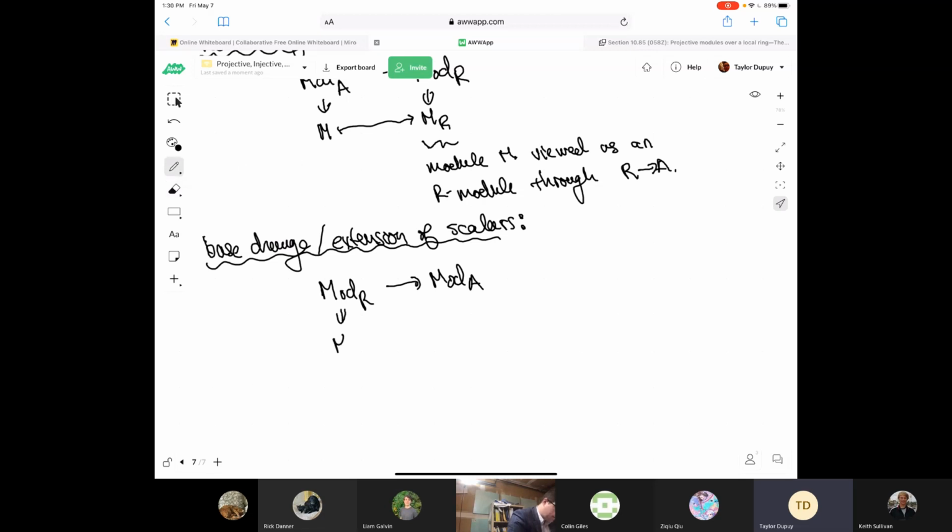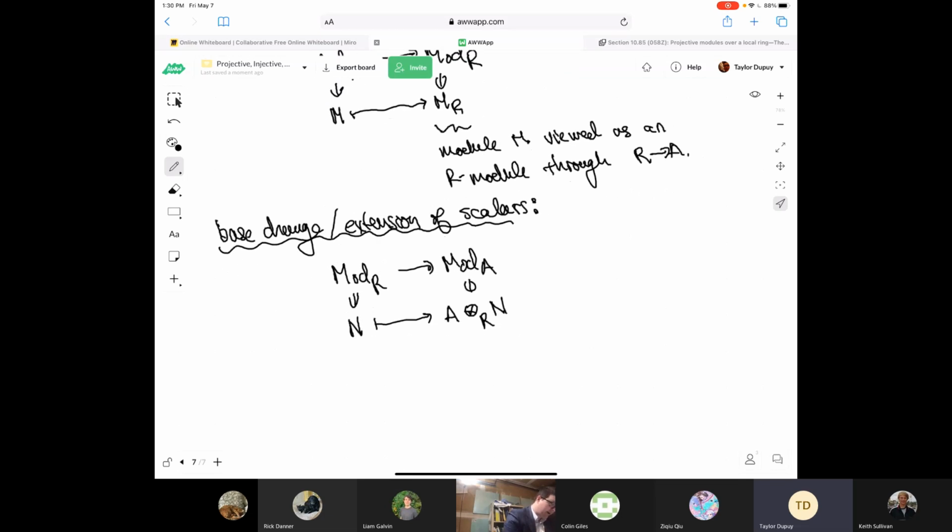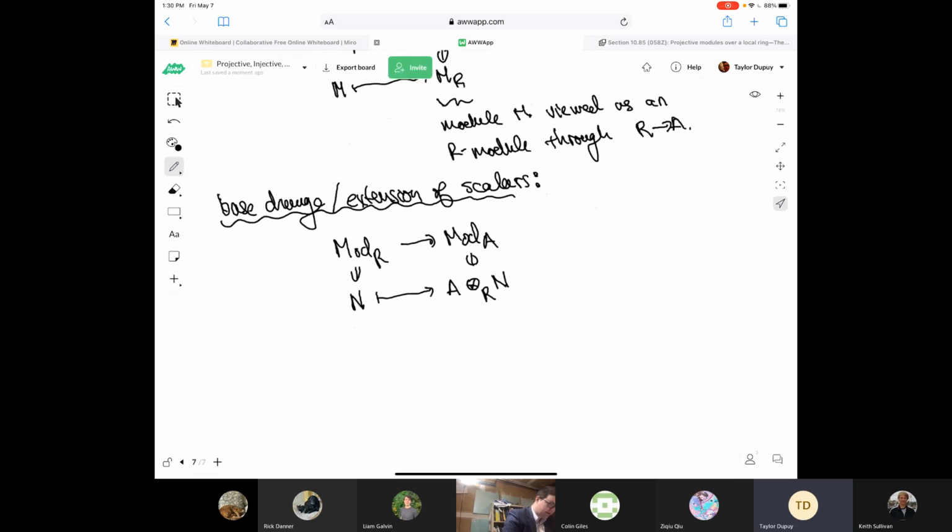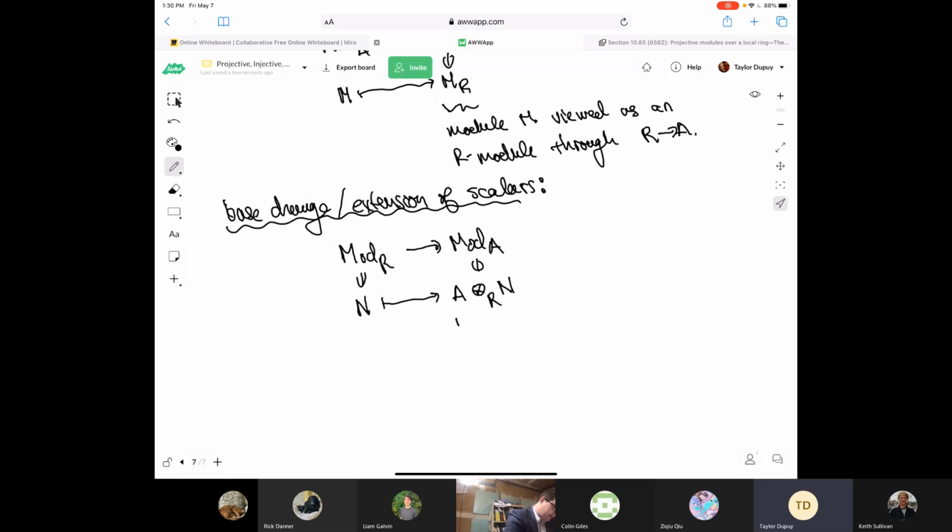So how can I do that? Well, I take my module, let's call this N, and I map it to A tensor over R with N. So I just tacked on an extra factor.